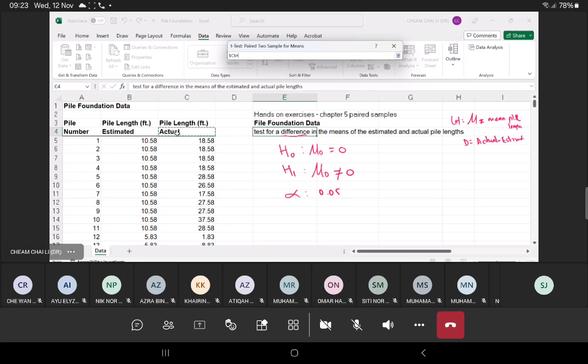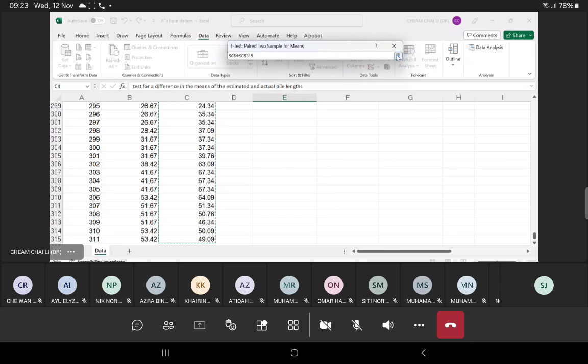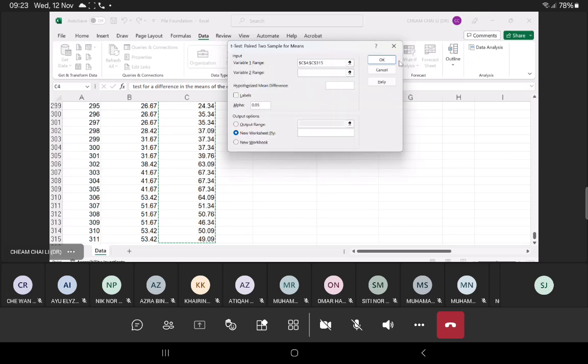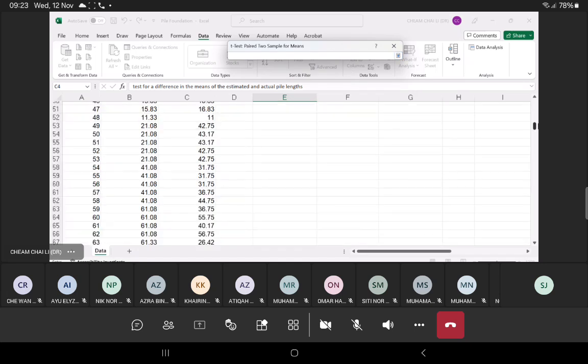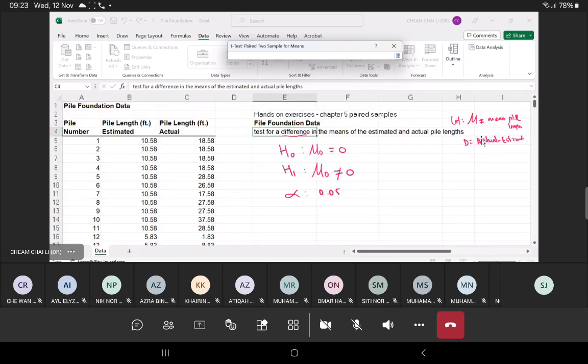Cuma satu aja. Satu saja untuk label, right? So you copy and paste this one. And then next variable 2, you tengok sini kan, let's say you ambil actual tolak dengan estimated, and then you can have this, this is your mu1, and this is your mu2, right, mu2.